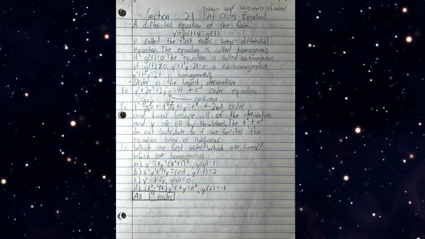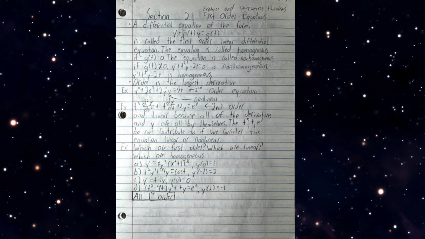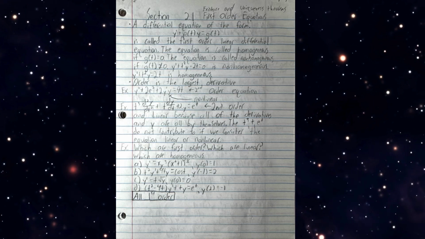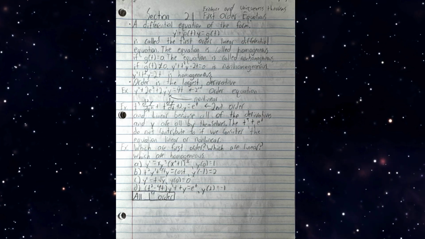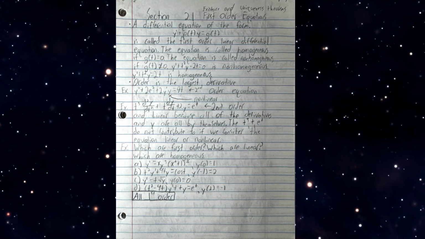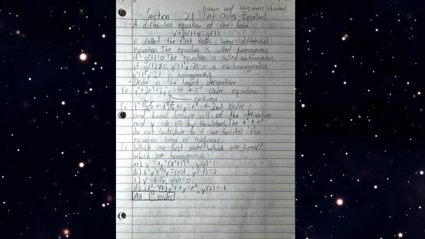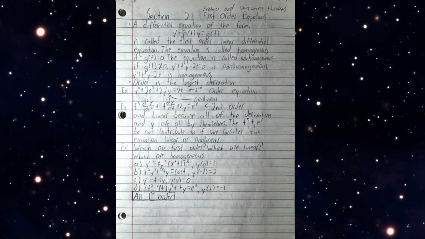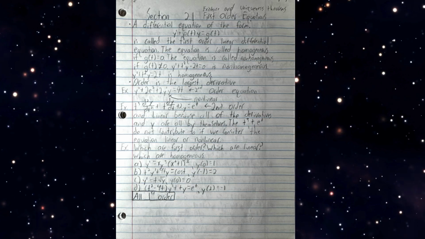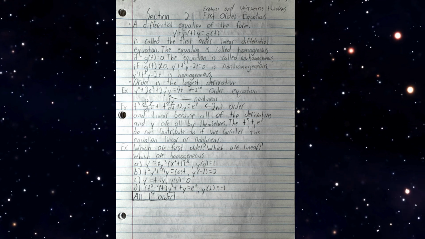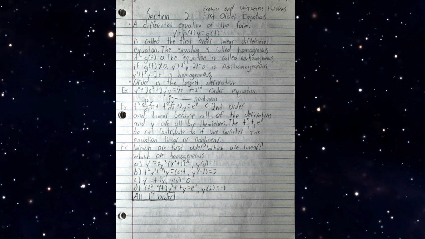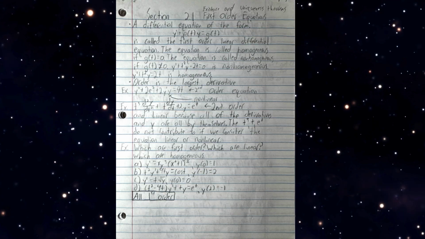And for our next example, we have: which of these equations are first order, which are linear, which are homogeneous. We have the given equations A, B, C, D. A states y prime equals xy cubed times x squared plus 1 to the 1/2, and we are given the condition y of 0 equals 1.